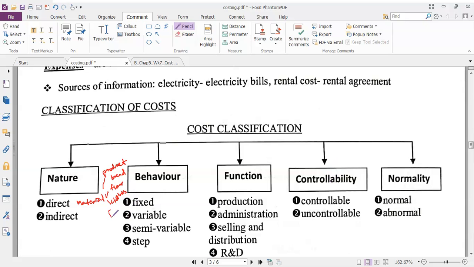Fabric. Very good. Or cotton. That is direct material. Without fabric or cotton, we cannot produce clothes.